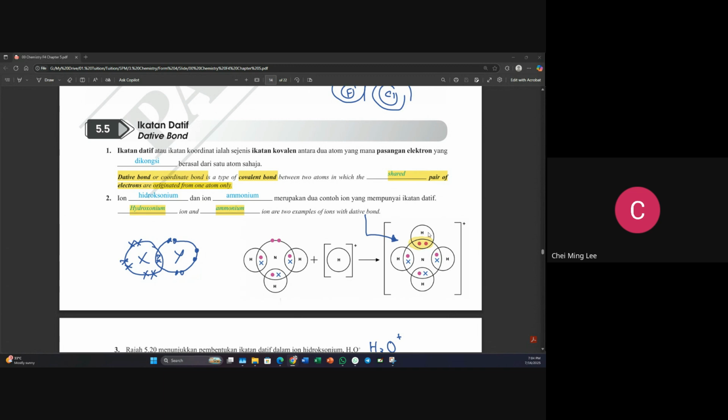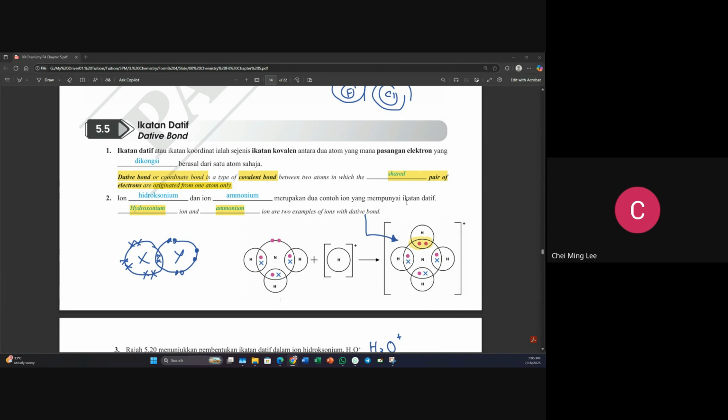When a negative ion comes in, like a chloride ion, this hydrogen will tend to break and combine with the chloride ion to form HCl, correct? So this is why it's more unstable.